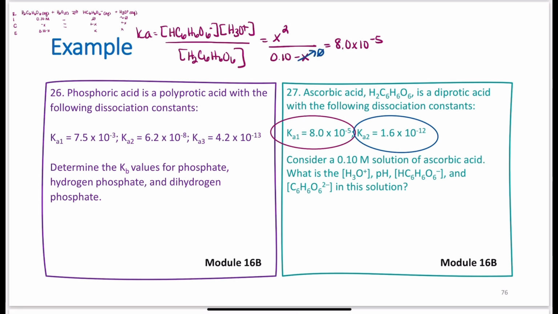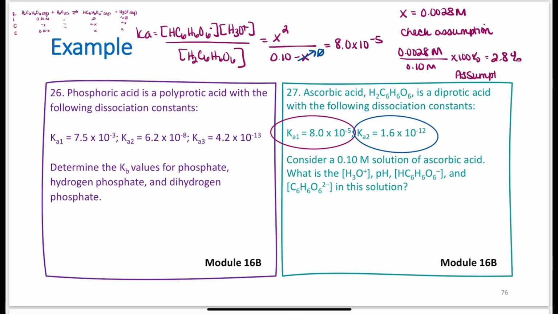If I solve this out, I get an x value of 0.0028 molar, and I need to check that assumption. 0.0028 molar divided by 0.10 molar times 100% gives me 2.8%. My assumption is valid.